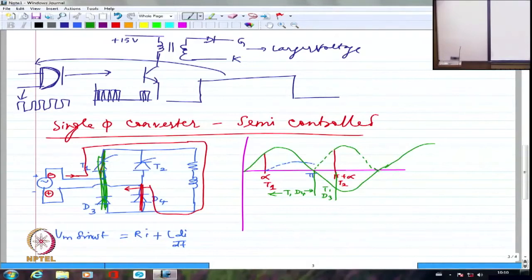See, the thing is that the moment it conducts, if you forget about the fact that it is ideal, it is not ideal. It will have a resistance, definitely. And the current is flowing in this direction. That will make this slightly positive, that slightly negative. So it is forward biased by virtue of its own voltage drop. It is connected to the negative terminal, but you have to look at this also.